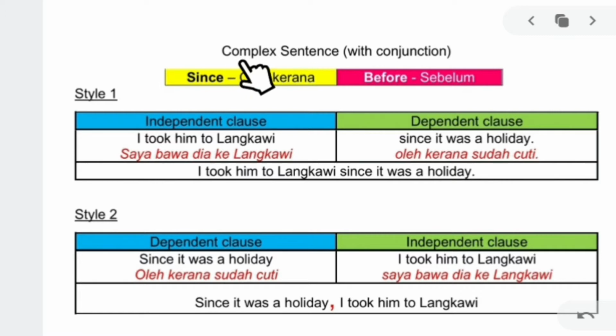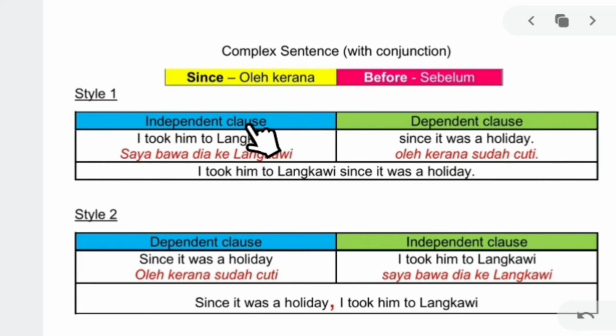So, for a complex sentence with a conjunction, you have two styles of writing. Untuk menulis ayat kompleks yang menggunakan kata penghubung, kita mempunyai dua cara penulisan. Style 1, we have independent clause and dependent clause. For example, I took him to Langkawi. Saya bawa dia ke Langkawi. This is a complete sentence.